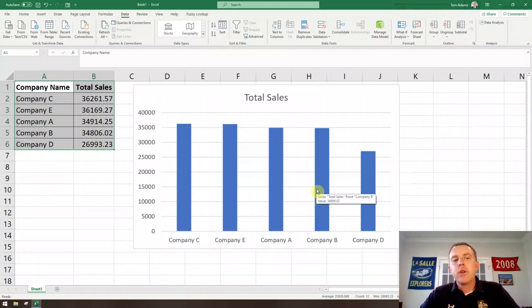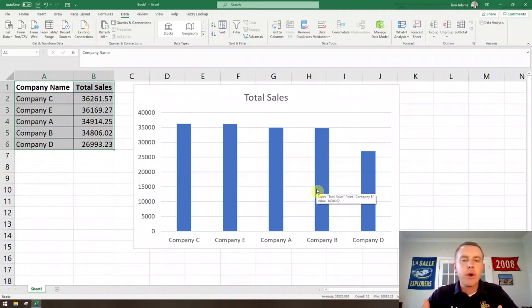Okay, so now we've taken the same set of information, but we've presented it in a way that gets the story out there to the CFO more efficiently and more effectively.